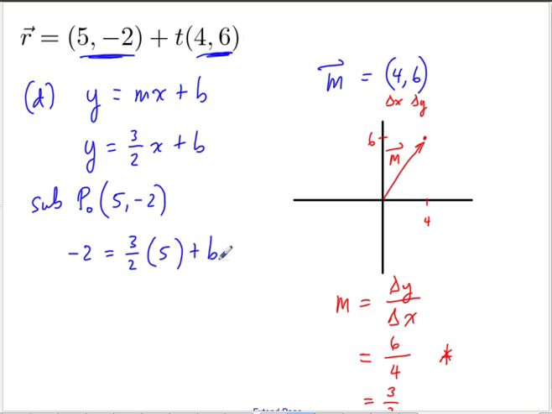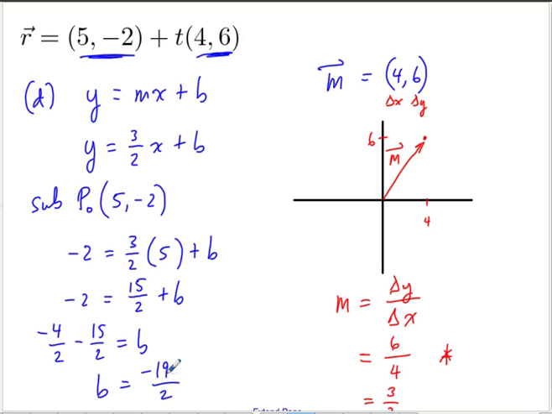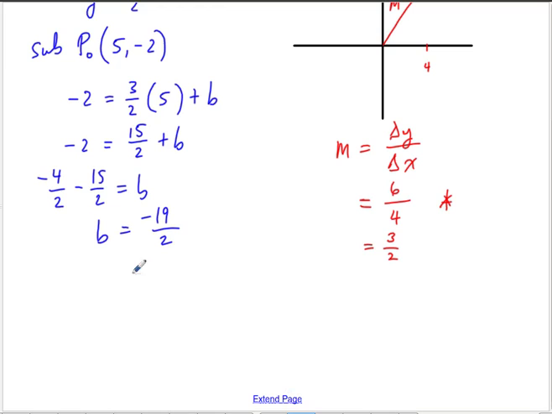We're going to solve for this y-intercept now. So I get -2 equals 15/2 plus b. I'm going to need a common denominator, so I'll change this to -4/2 minus 15/2 is equal to b. And I end up with b equal to -19/2. And so from there, my equation of my straight line is y equals 3/2 x minus 19/2.